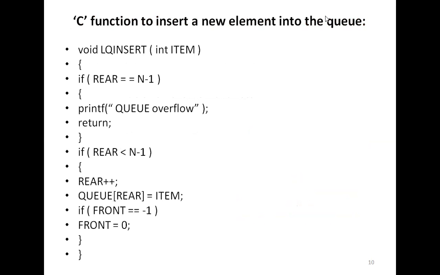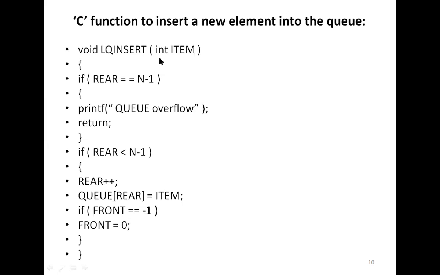That's why in the C function code only the data item is kept here. Whenever you want to insert a data item into the queue, just call this function and pass the data item you want to insert. Here I have taken the data item as an integer value. For other data types you can do likewise.